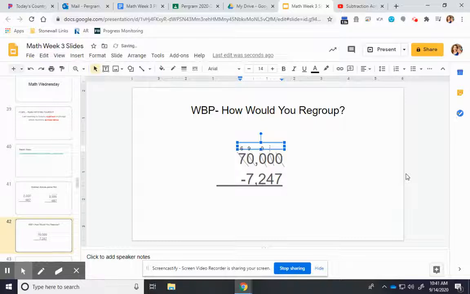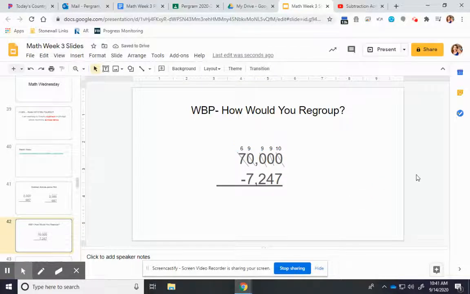And then our other sandwich 0 is going to turn into a 9. But our last 0 up here is going to turn into a 10. So if your board looks like mine, it means that you did it. You regrouped across zeros. So you should have the 7 turning into a 6, the 3 zeros in the middle turning into a 9, and the last 0 on the end in the ones place turning into a 10.